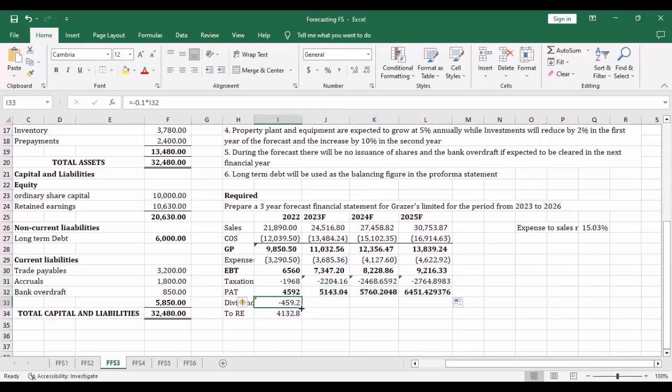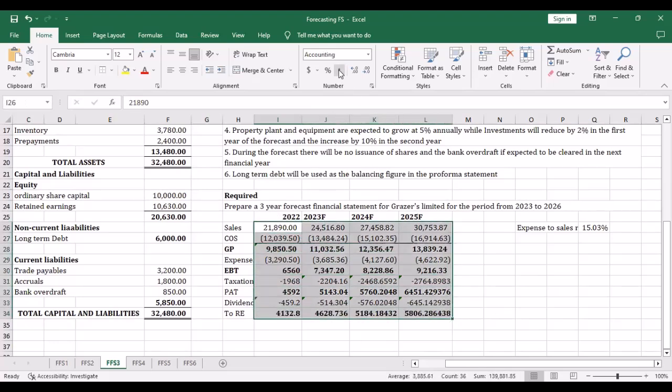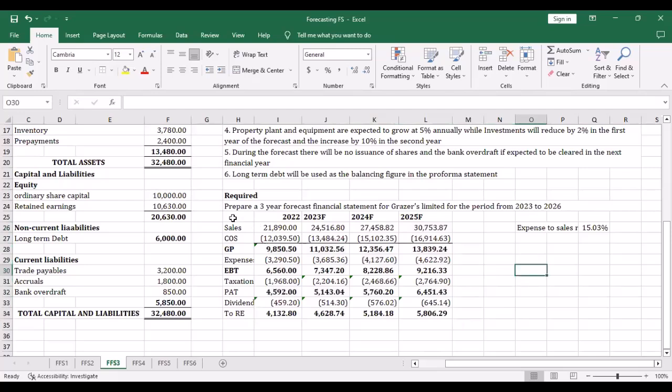This one was 10% of the above, and you can see it's just 10%. Then to our retained earnings, I'll select the whole thing and set it to 2 decimal places so that it looks a little bit neater. Now we've finished the income statement.